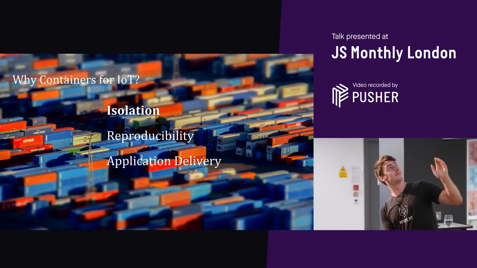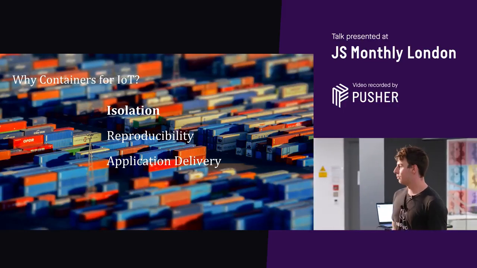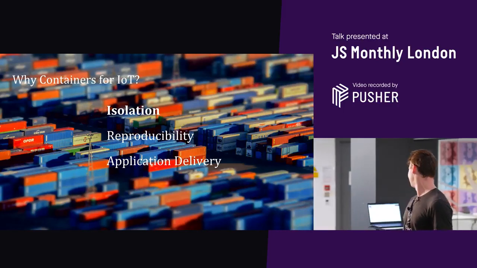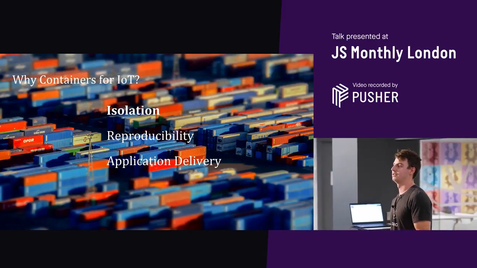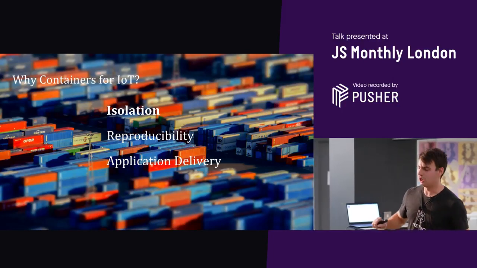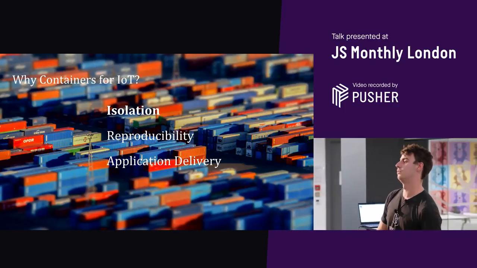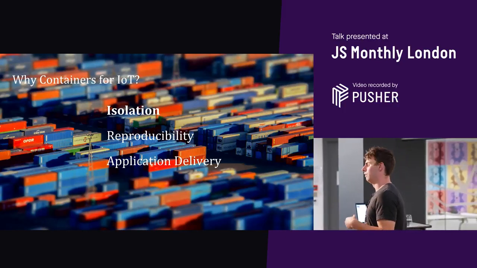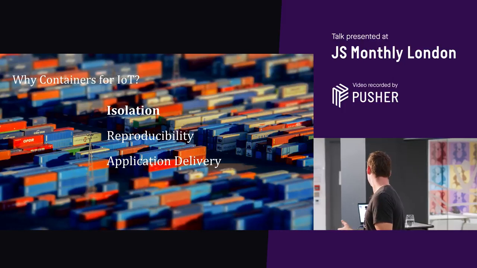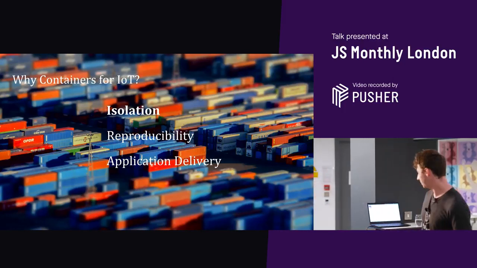Isolation. So first, isolation. When you're writing code for an IoT device, often it can be a lot more complex than your typical desktop application. Often you need to have it a lot closer to the host operating system, a lot closer to the hardware on the device on which you're running. You might need to interface with the networking or, again, specific hardware.